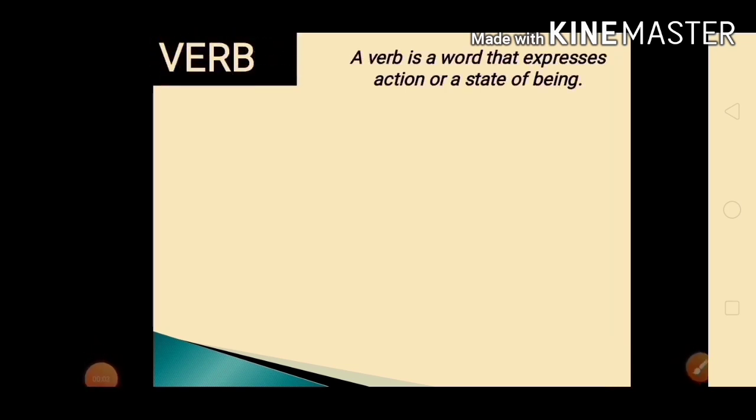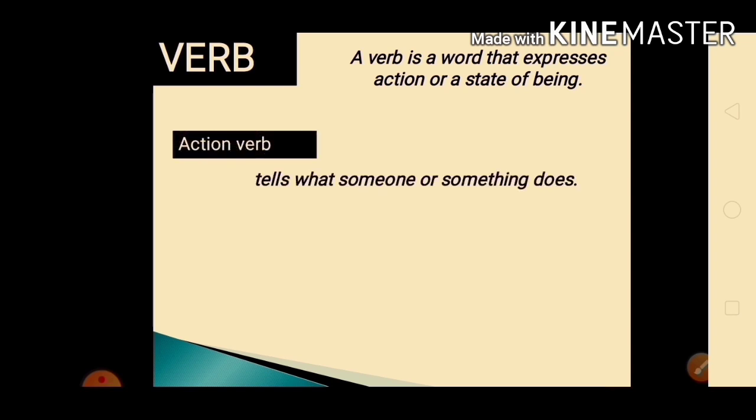Next, we'll proceed with verb. A verb is a word that expresses action or a state of being. Meaning to say, when we say verb, these are the words of action. It gives action. An action verb tells what someone or something does. It tells what a person, a noun, or a pronoun is doing. For example, Anna writes a letter.